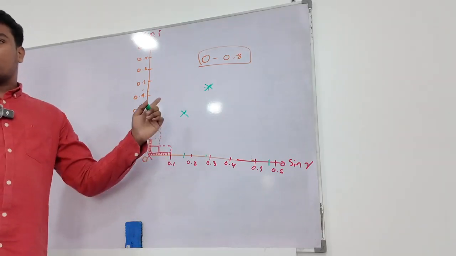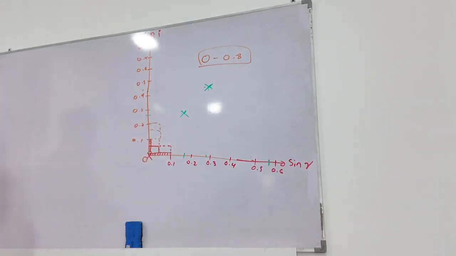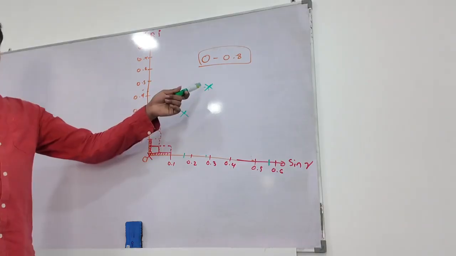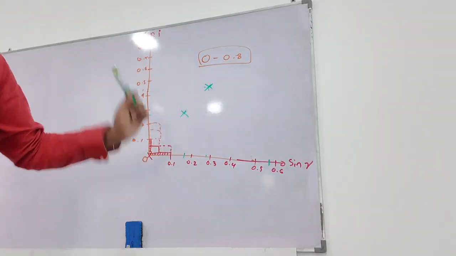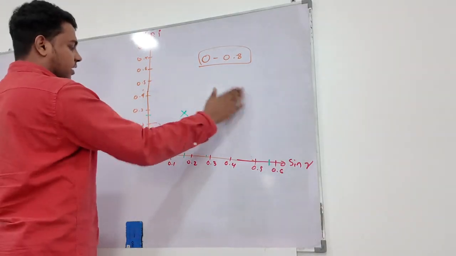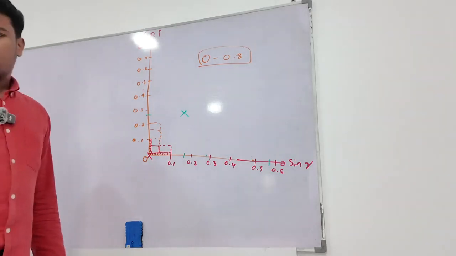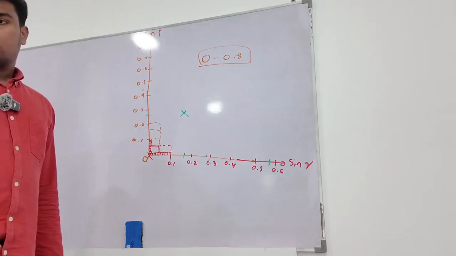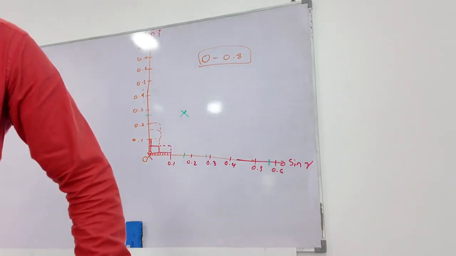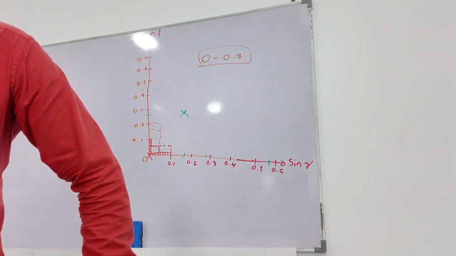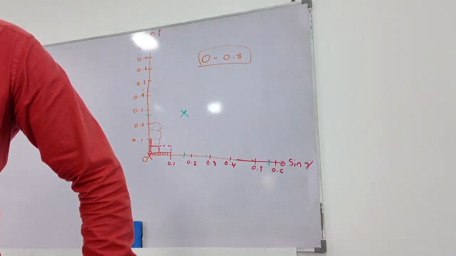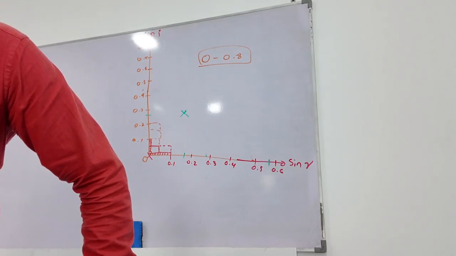Is the second point correct? Hold on. Is the second point correct? It should be sin I 0.26, no? No, 0.42. Sin I is on the y-axis, sin R is on the x-axis.